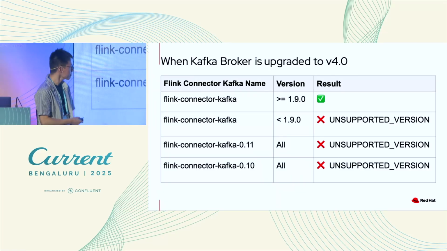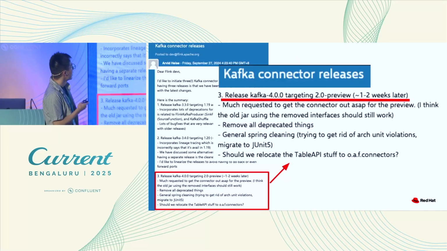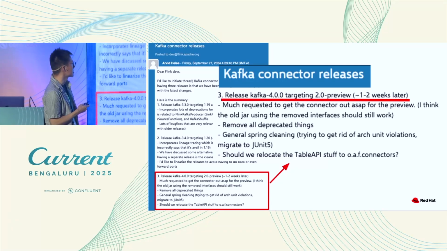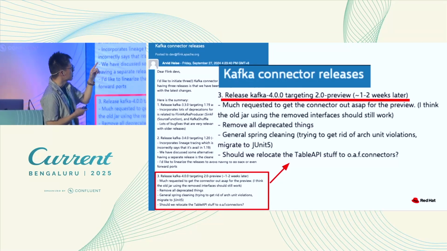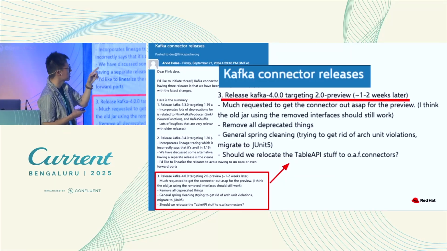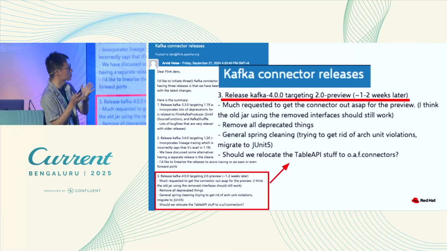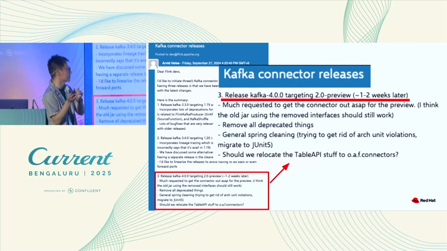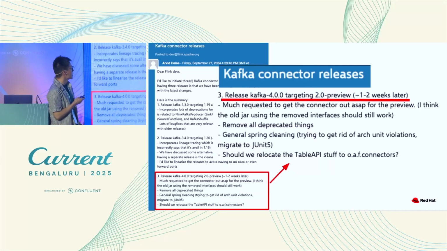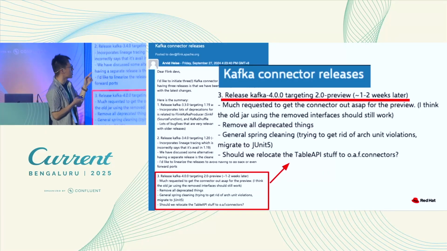Okay. Finally, from this mailing list discussion, you can see after the Flink 2.0 preview, basically it soon will be the 2.0 release in the Flink community. They will adopt Kafka 4.0 one or two weeks later.